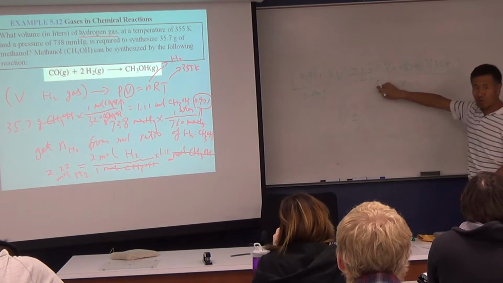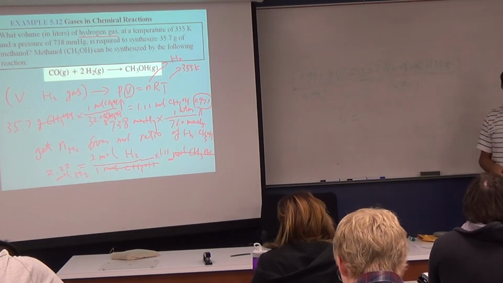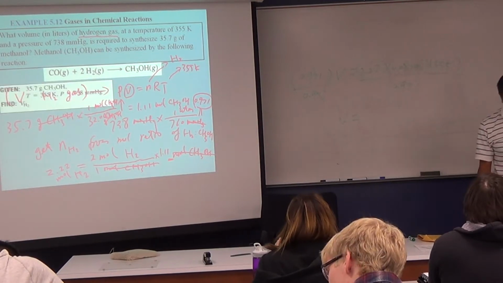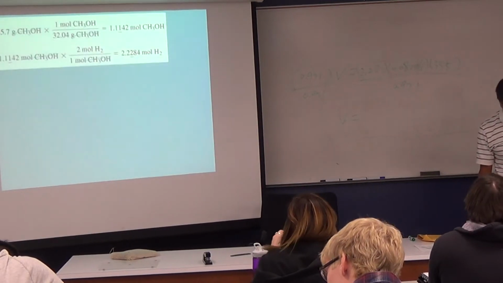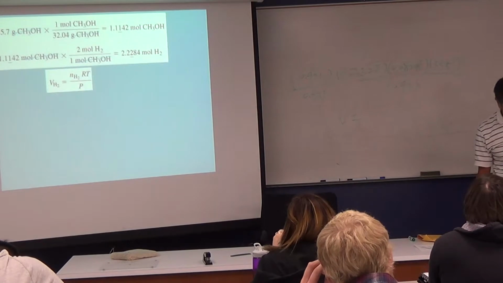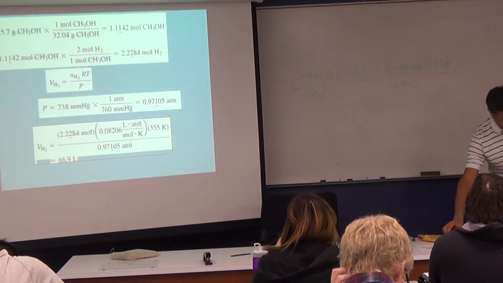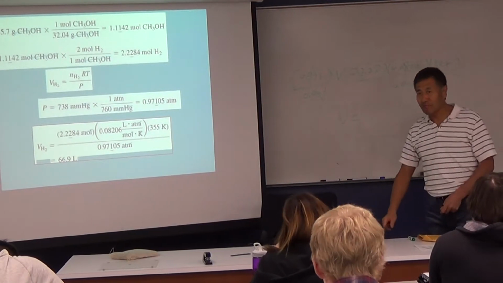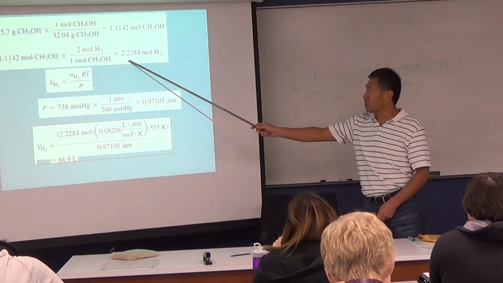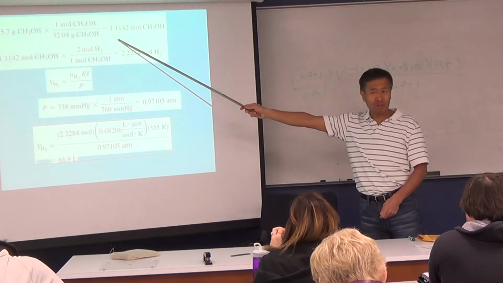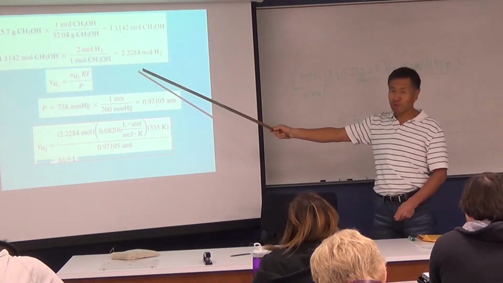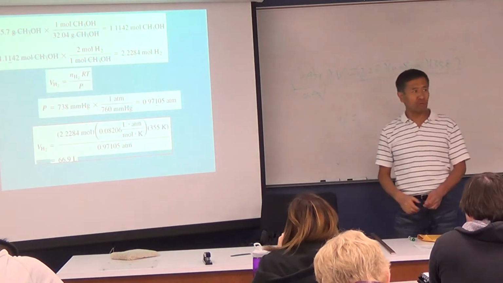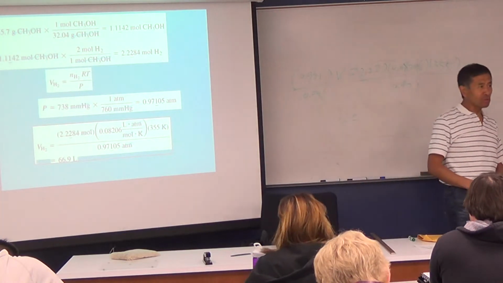Alright, so volume equals those numbers and multiply and divide. You should get a very similar number. I think you can see our moles are different because we were running very early, right? So we'll probably get a different number for the volume, but that's probably close enough.